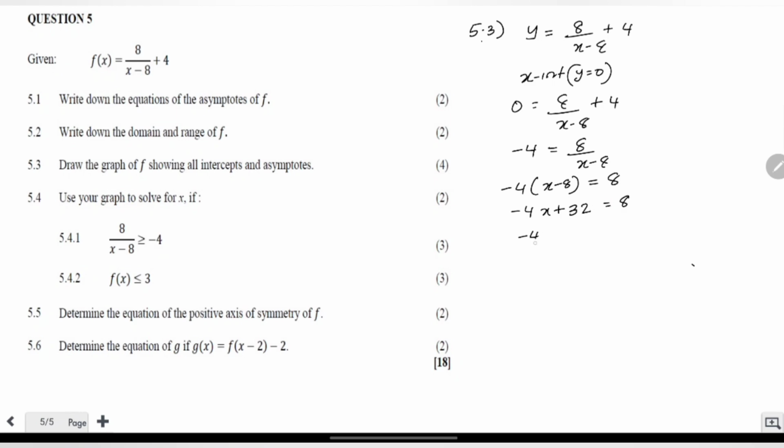That is minus 4x is equal to 8 minus 32, which is going to be minus 24. Therefore, x is equal to minus 24 divided by minus 4. What is the answer? Positive 6. This is the x-intercept. What does that mean? It is the point where the graph touches the x-axis. Okay, you are going to draw the x-axis and y-axis. Now let me look for the y-intercept.